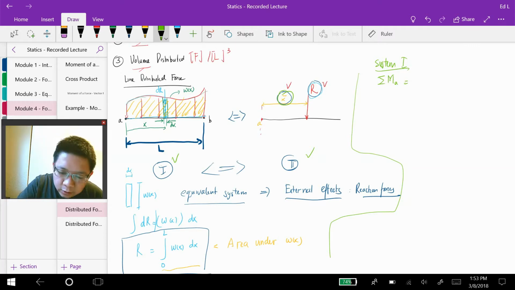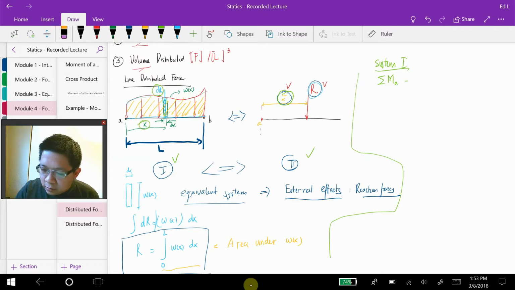we already know what is dR right here, right? And we know the distance of dR to A is x. So I can first calculate dM_A. So dM_A is x times dR, and really in here we have a negative sign.